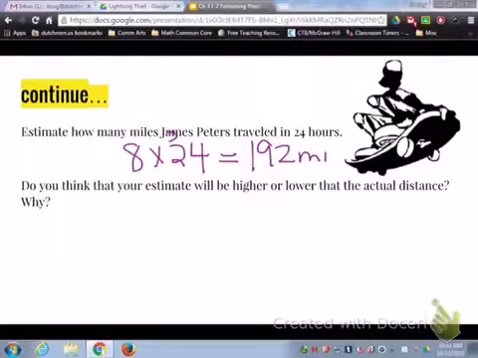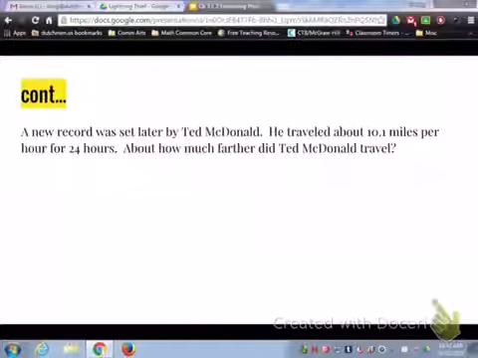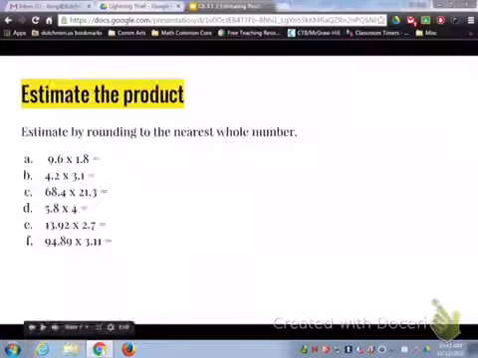Continuing on with our record, we have a new record that was set later by Ted McDonald. He traveled about 10 1/10 miles per hour for 24 hours. About how much further did Ted McDonald travel?